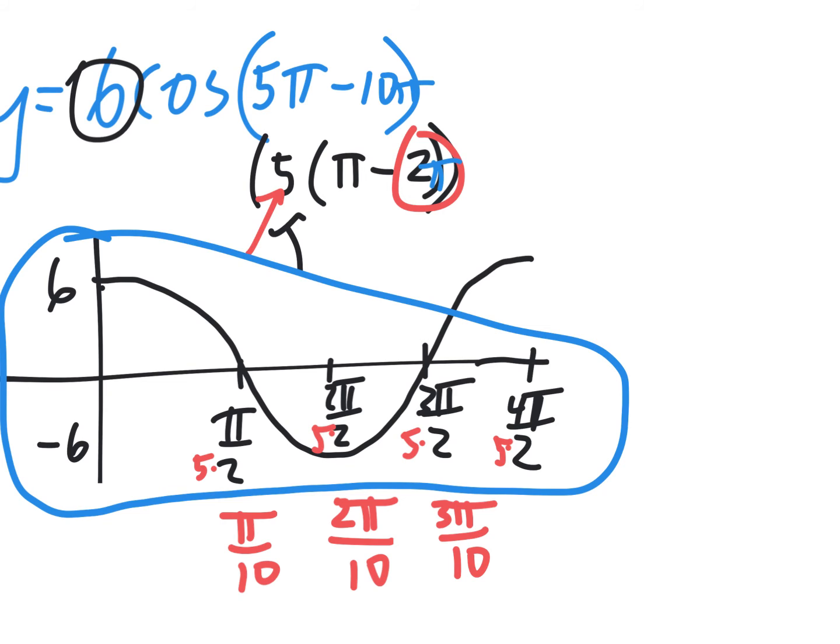I hear what you're saying. I like that. So instead of thinking of it as a 2, thinking of it as a 20 over 10 is still equal to 2. And then each mark is pi over 10. So it would move over 20.